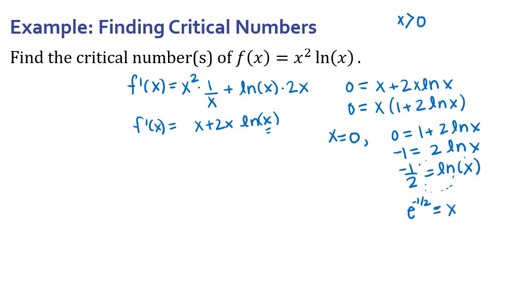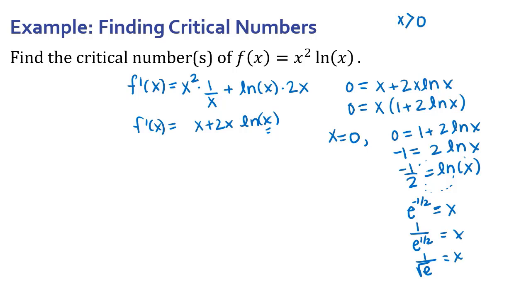And there you go. So we have our critical numbers occurring here. If I wanted to not have negative exponents, I could write it like that, and then I could even write it as: anything to the 1/2 power is the same thing as the square root.